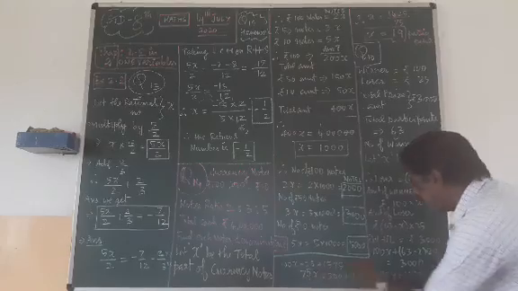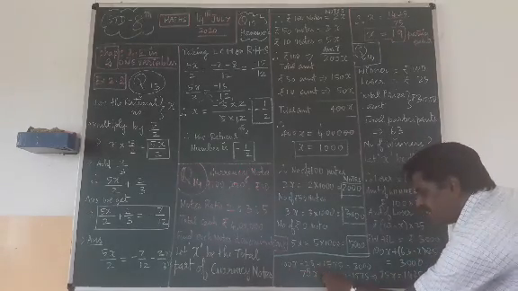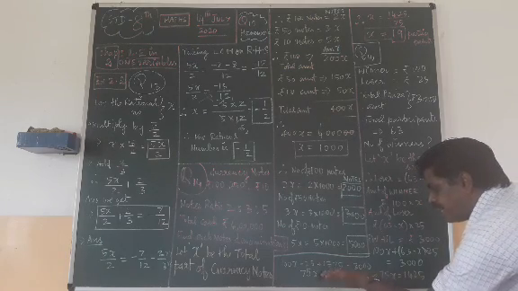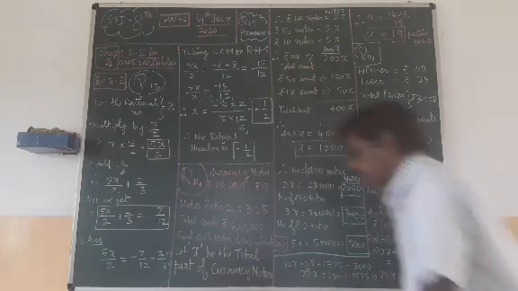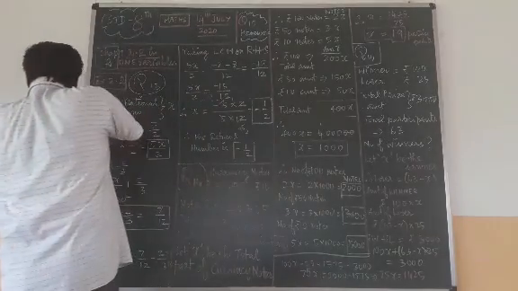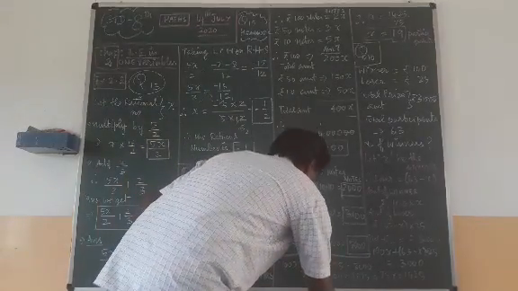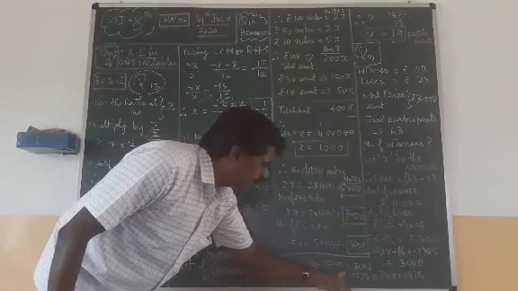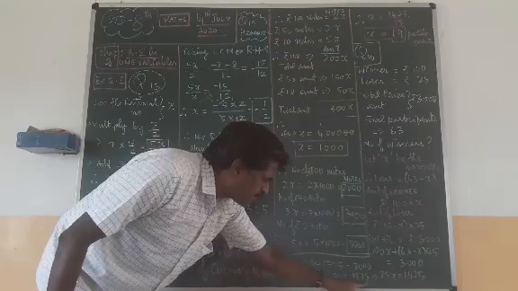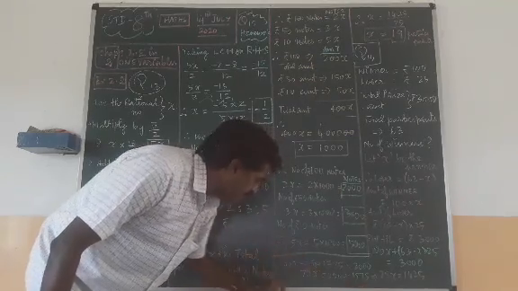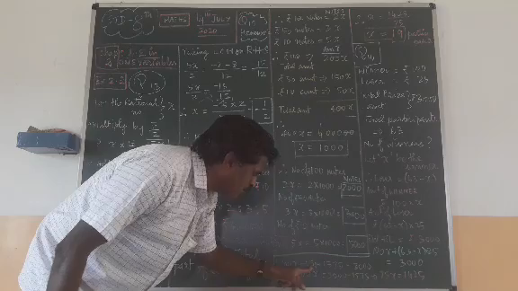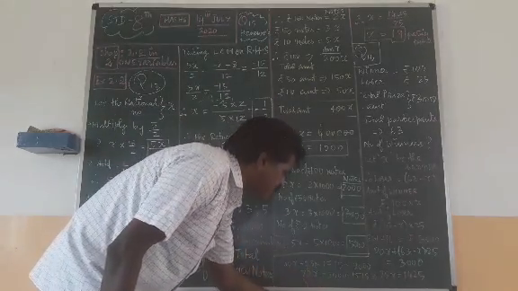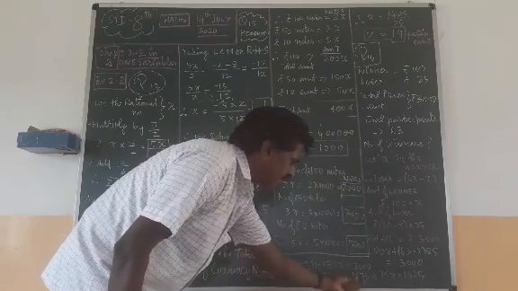Then I remove the bracket: 100x minus 25x plus 1575 equals 3000. Taking 1575 to the other side, 75x equals 3000 minus 1575.